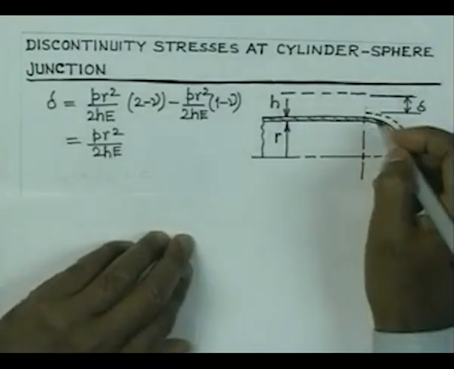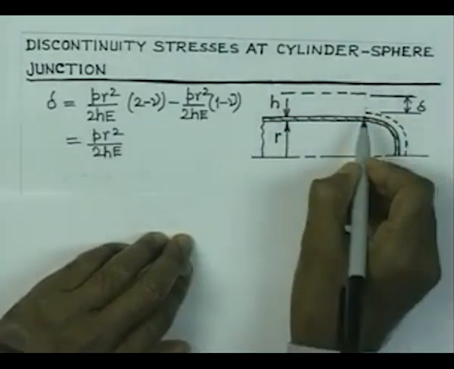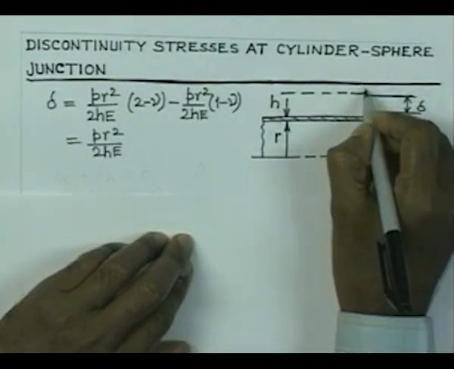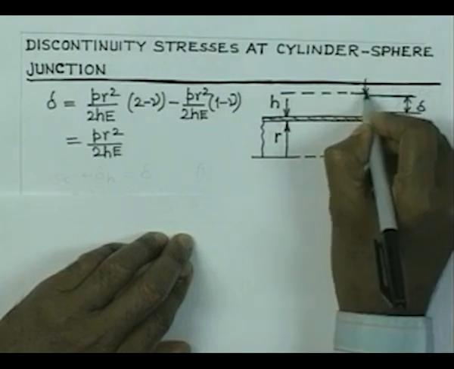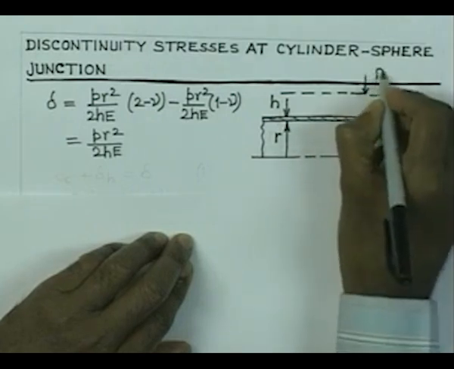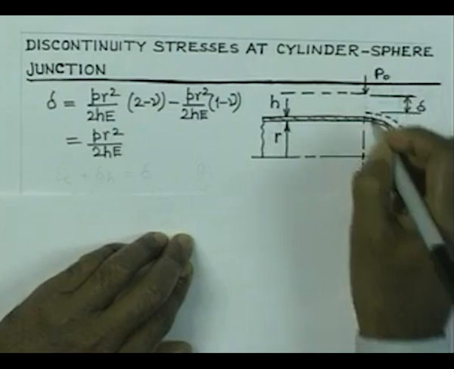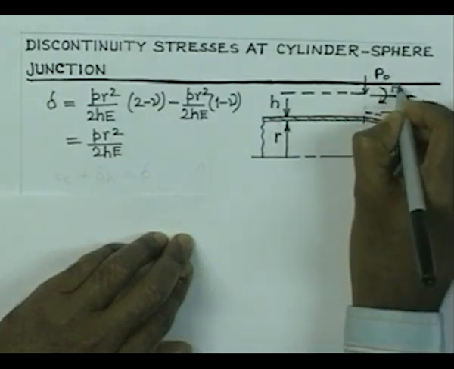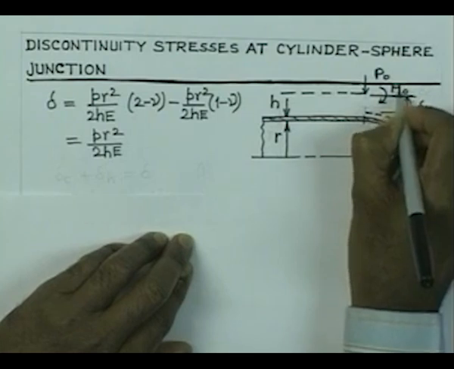Now, how are they going to meet? You will find that because of this mismatch, there is going to be some force developing here on the cylindrical portion, which is, let us say, P0, and then we are going to get also some bending moment developing, which is equal to, let us say, M0.